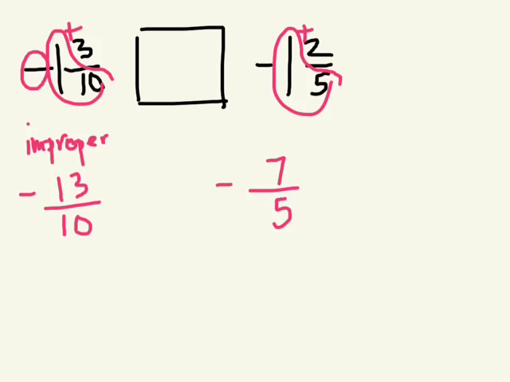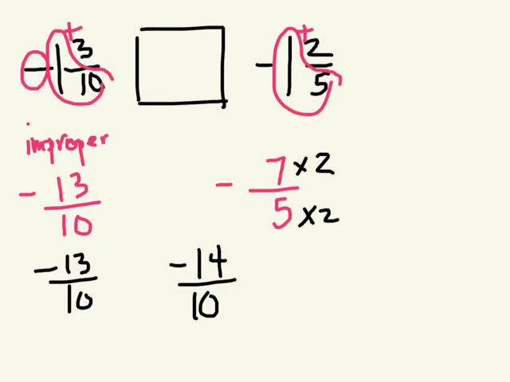What's the common denominator here? 10. So we're going to multiply this by 2, and we have -13 over 10 and -14 over 10. Now we can compare the two fractions because they have the same denominator. Okay, so we know that -13/10 will be closer to 0, which is greater.